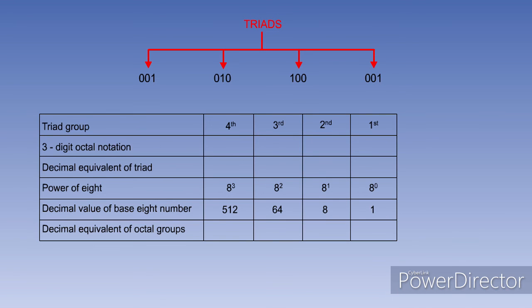To convert a series of octal groups to decimal numbers, each triad is first converted from binary to decimal, then the decimal number is multiplied by a power of 8, depending on its position in the series. The resulting decimal numbers are then added together. The conversion can be done using the table shown here. The triads are placed in the table as shown.